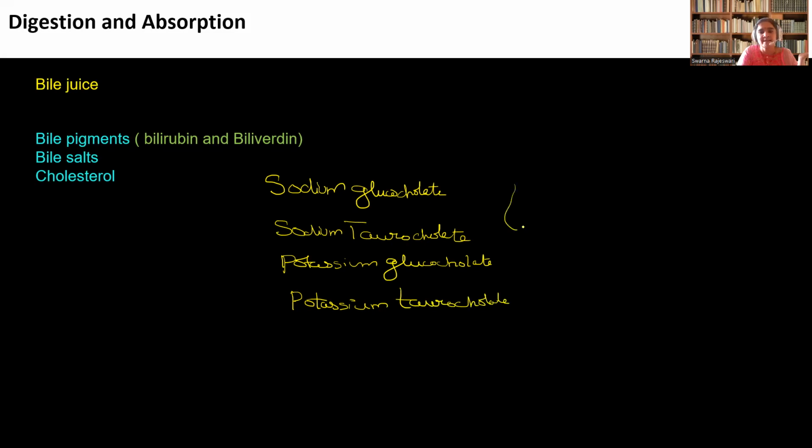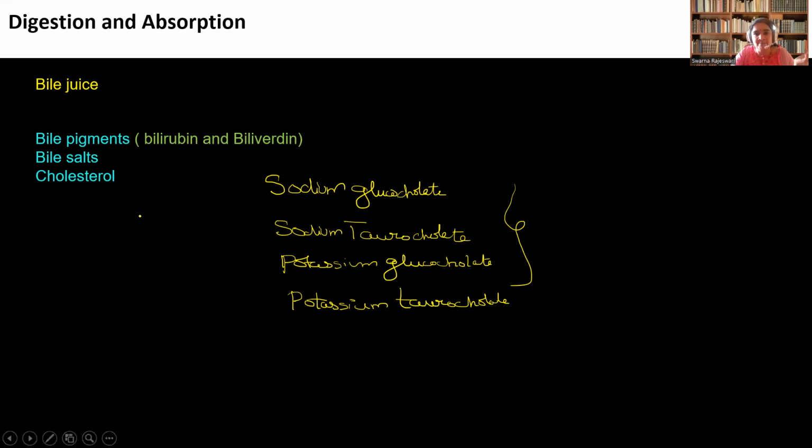In simple terms, we can say sodium and potassium glucocolates and taurocolates. So bile juice contains bile pigments, that is bilirubin as well as biliverdin, and bile salts, that is sodium and potassium glucocolate and taurocolate, and cholesterol. But bile doesn't contain any enzyme.